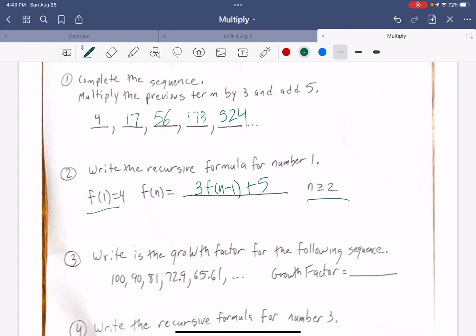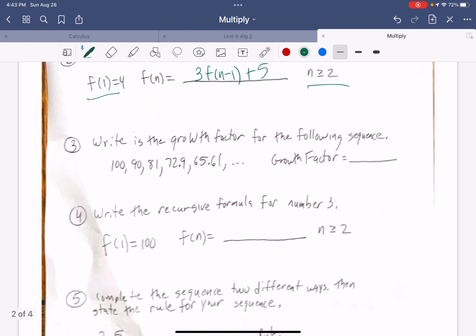And that does that. Growth factor. This is not an arithmetic sequence because notice it's not going down by the same amount. It's potentially geometric. In fact, when it says growth factor or the common ratio, that means that it is geometric. So what you do is you divide backwards through it. So you just ratio these.